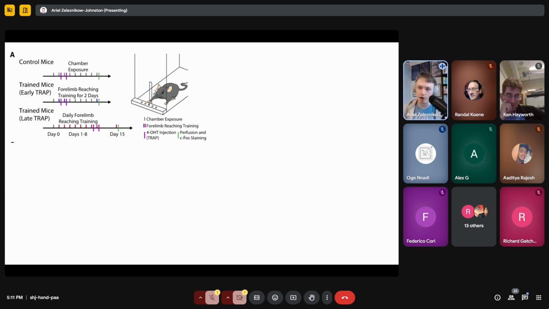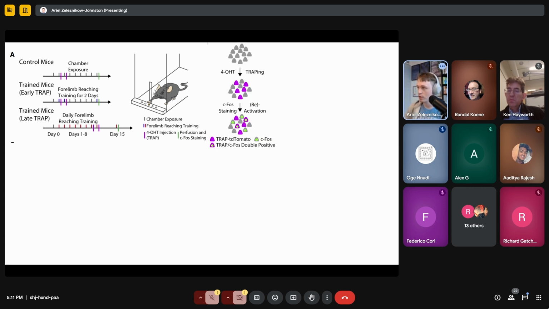So the difference: with early TRAP, you see the TD tomato cells that were active when the animal was just learning to do the task. With late TRAP, you see the cells that were being used after the animal was already particularly good at the task, hopefully. And with the CFOS labeling, as opposed to the TD tomato, you just see the neurons that were active in the reaching session immediately prior to the animals being sacrificed.